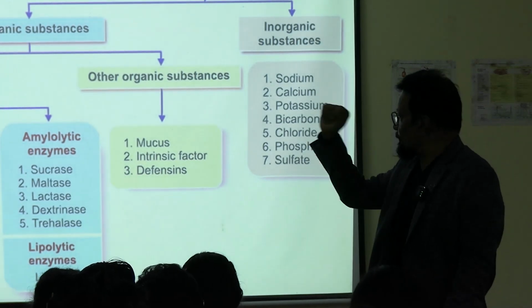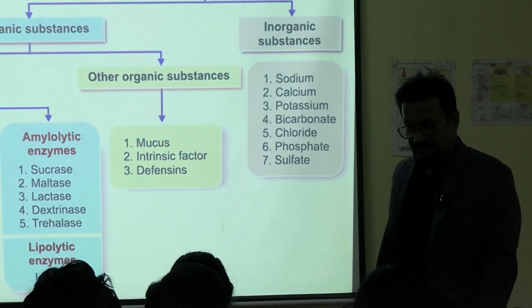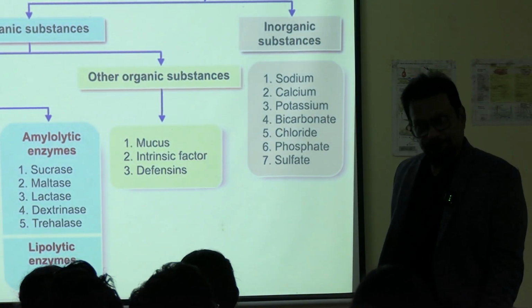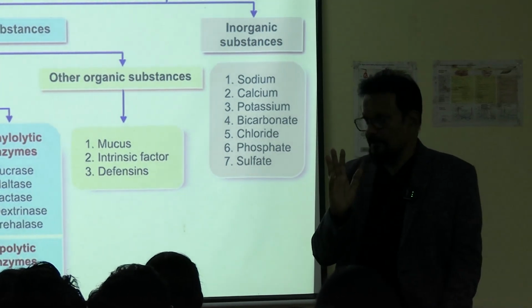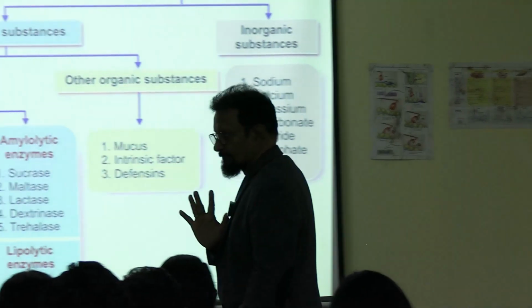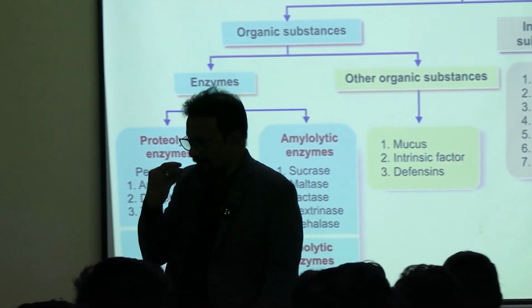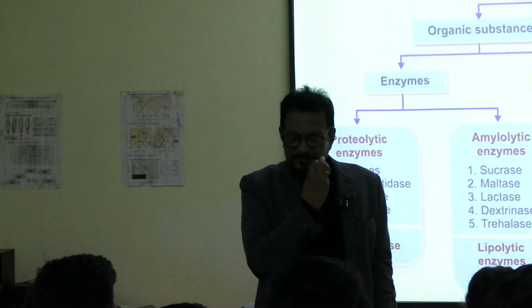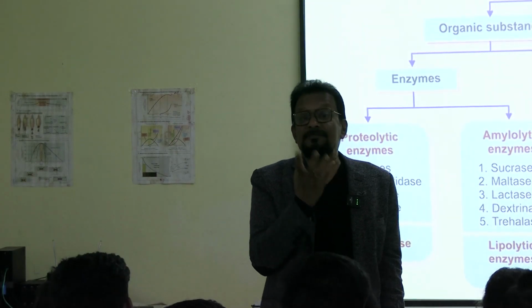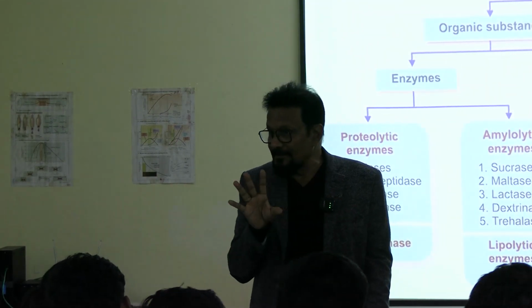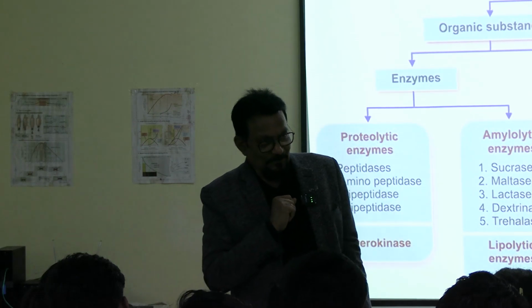Say, now we'll see how protein is digested. If we say how protein is digested, we have taken food, so whether any protein is going to be digested here? No. Because salivary juice doesn't contain any proteolytic enzymes.